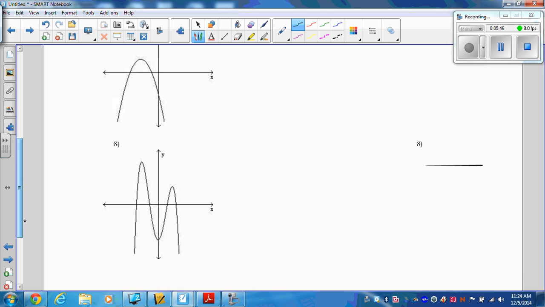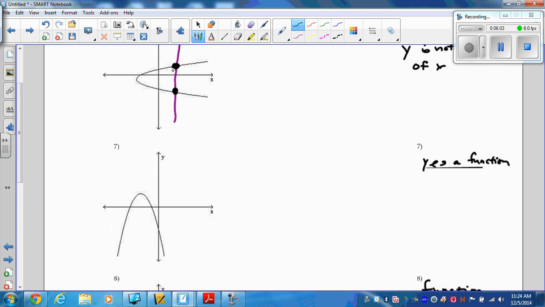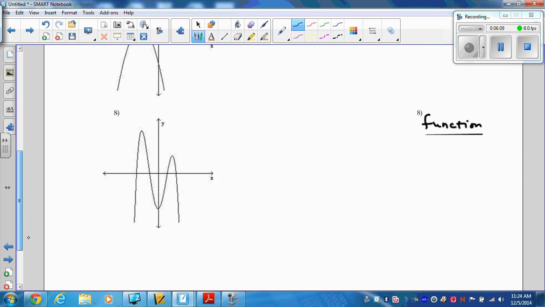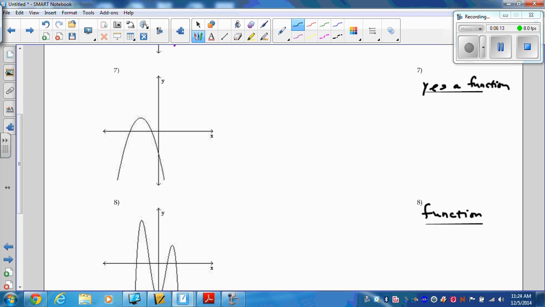Okay, for question number 8, again, we can put our pencil down here on any places, and again, you can see that this is a function. Remember back in the one that was not a function, when we drew our line, you could see that if it crossed twice, it was not a function. So that's not happening in 7 and 8.